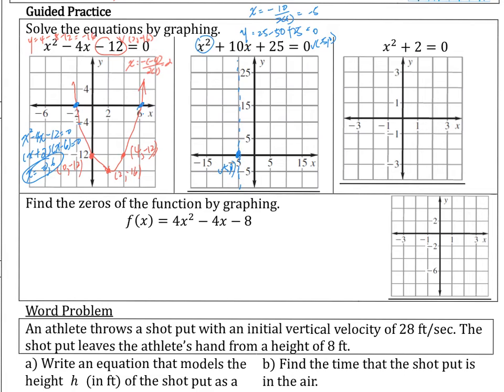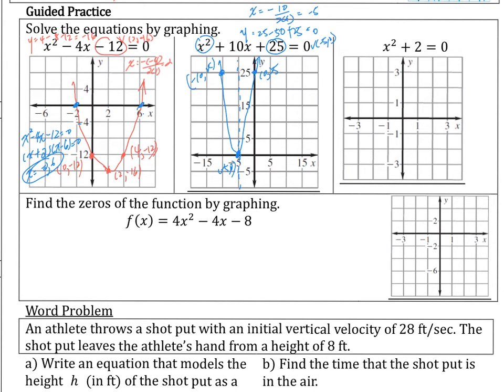And then your y-intercept, when x is 0, will be at 25. Reflecting point, (-10, 25). Let's graph our parabola.